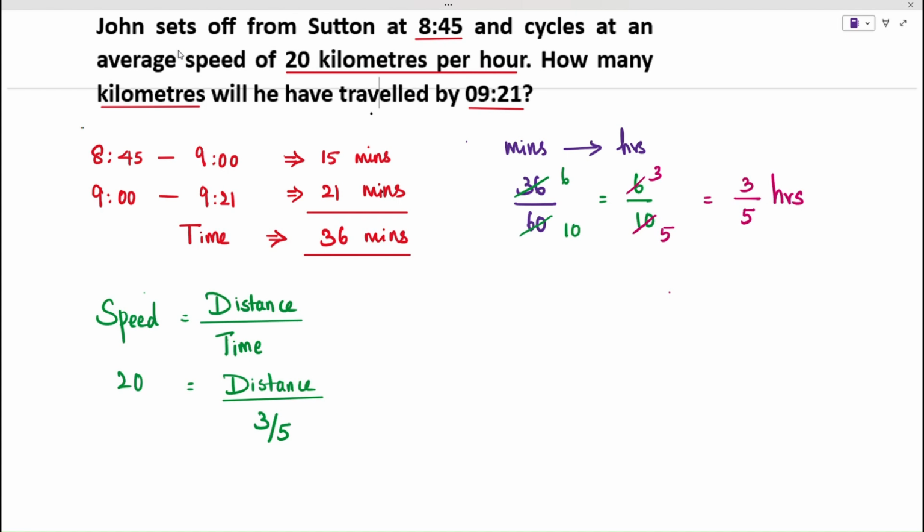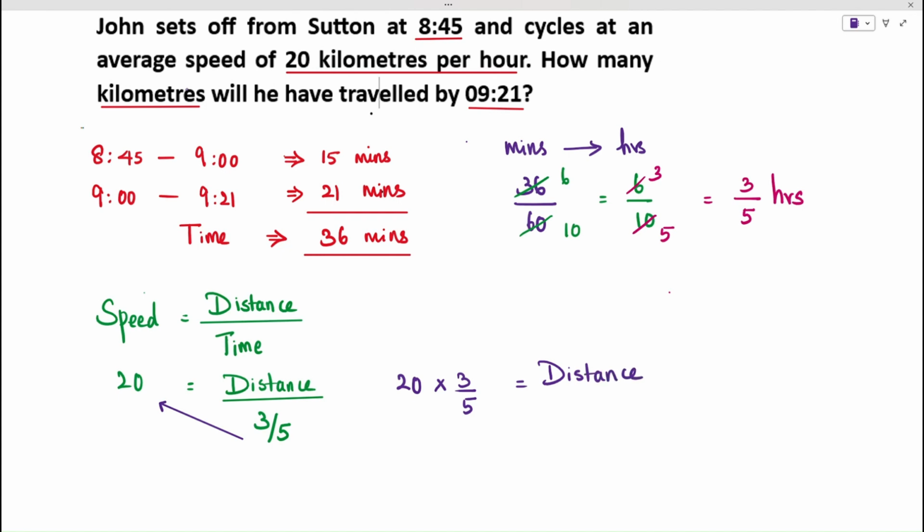So what we can do is rearrange to move the 3 over 5 to the left-hand side of the equation. This way, we get 20 times 3 over 5 is equal to our distance.